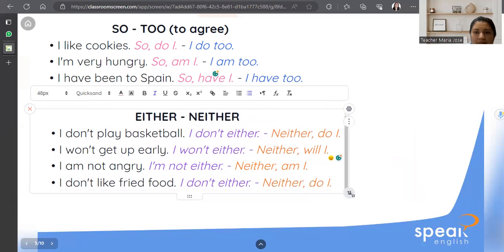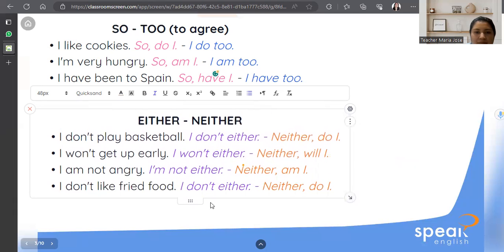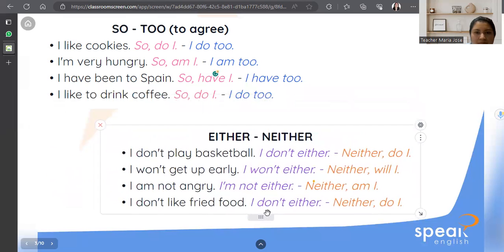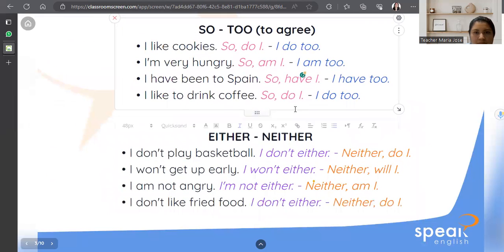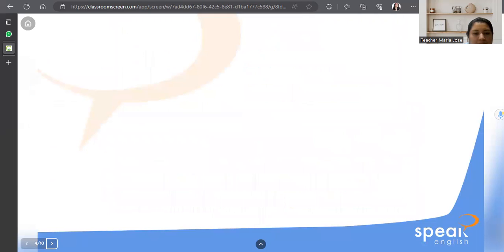Perfect, we got it. All right, let's continue. After this, we were checking some expressions like, for example, I'm crazy about. So can you give me some examples with those expressions? I'm not going to write them because I think you already have them.